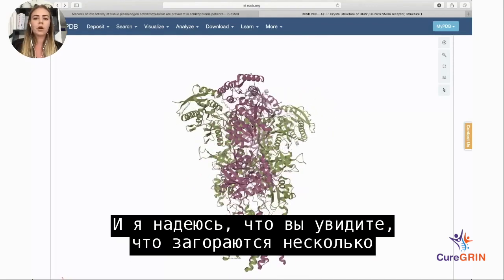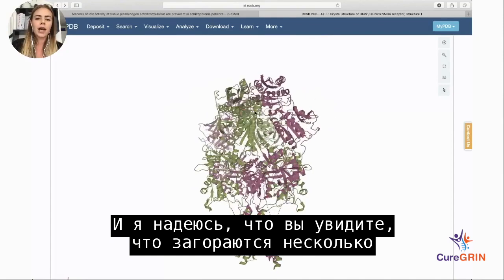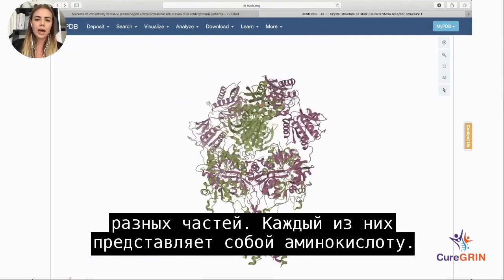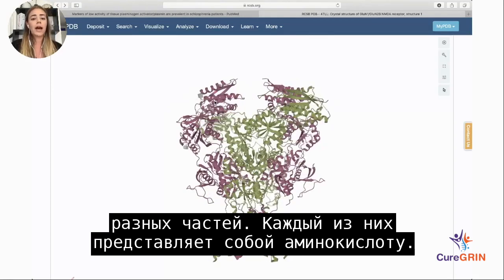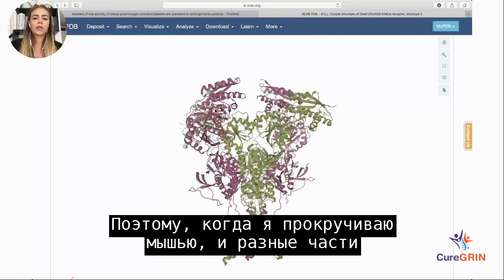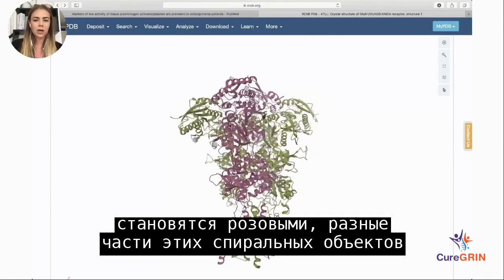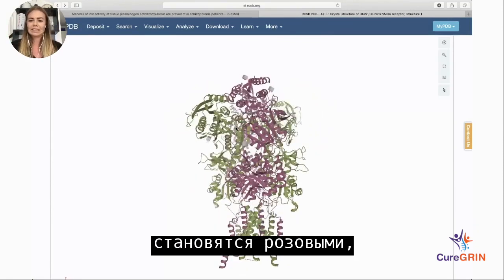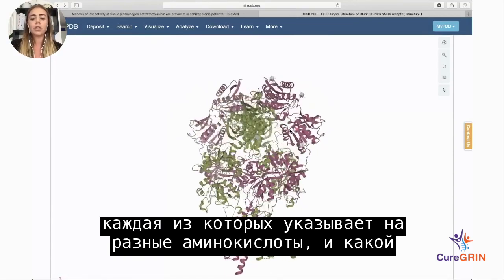And what I'm hoping you'll see is that there are different parts that are lighting up. Each of those represents an amino acid. So when I'm scrolling my mouse around and the different parts of these spirally things are turning pink, that's each indicating a different amino acid.